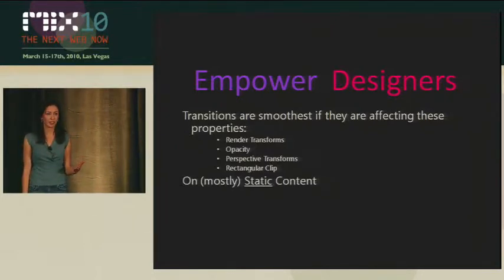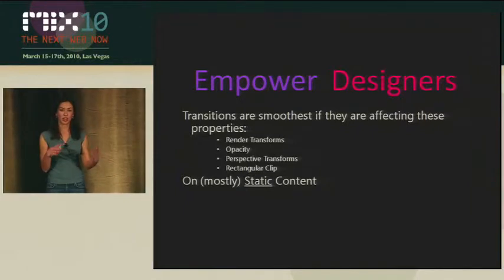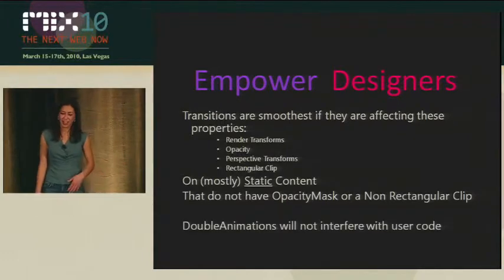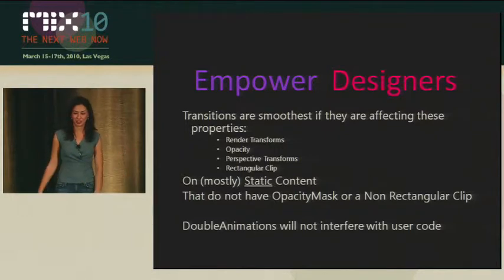If the content changes a little bit, that's fine. And I don't mean in terms of size. I mean in terms of frequency. Because every time that we incur a change on the CPU, then there's some work that's going to be done on the UI thread. Again, without opacity mask and non-rectangular clip. Double animations will not interfere with the user code. And that's great if you're doing some developer work behind the scenes of the UX transitions.